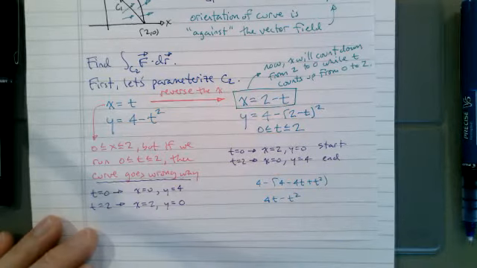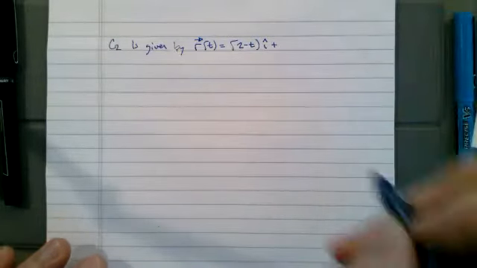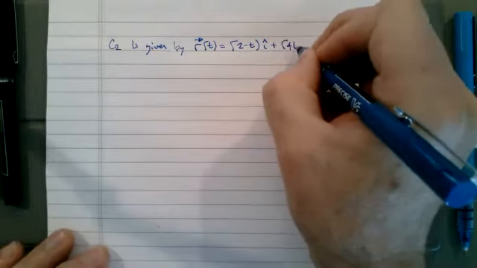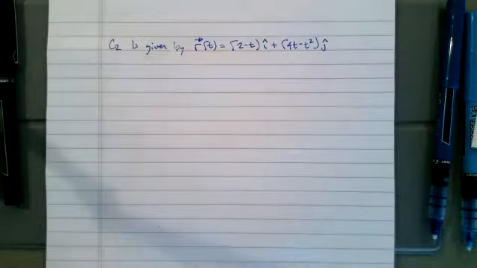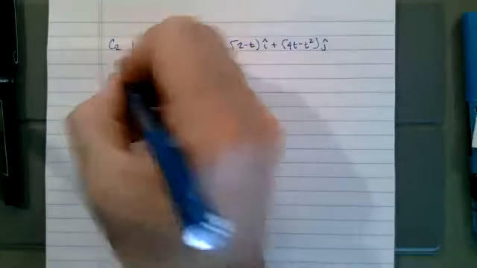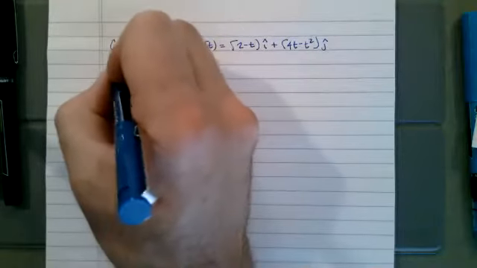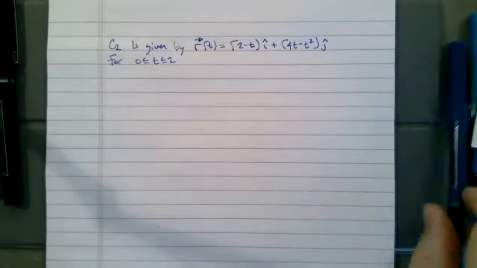See, now I'm all paranoid. I'm checking my algebra, double careful. So I'm going to write y as 4t minus t squared j for t between 0 and 2.